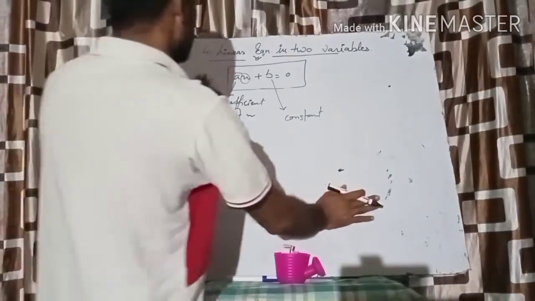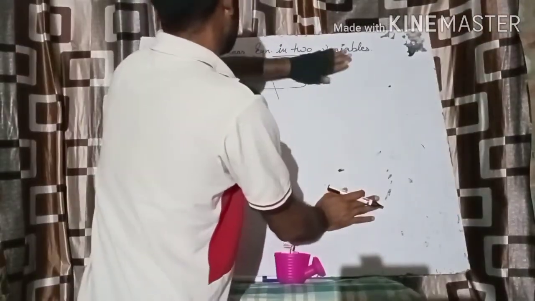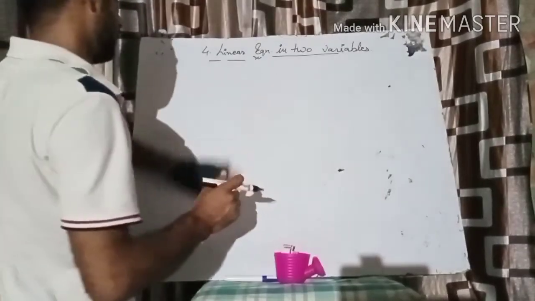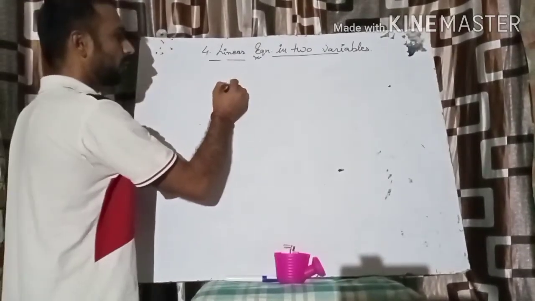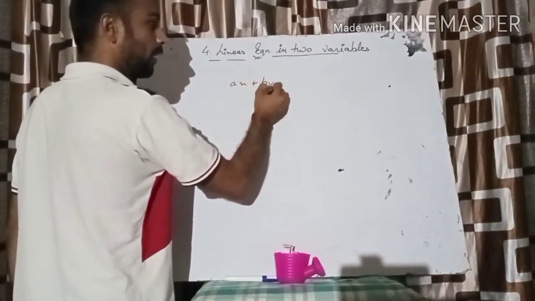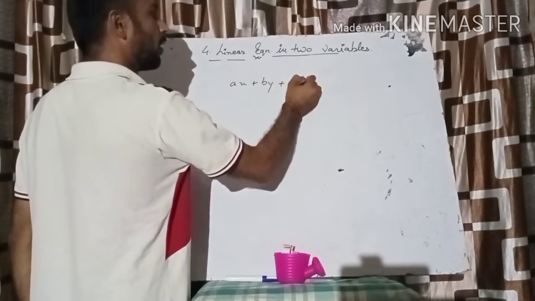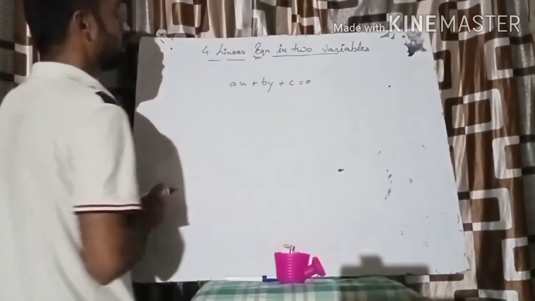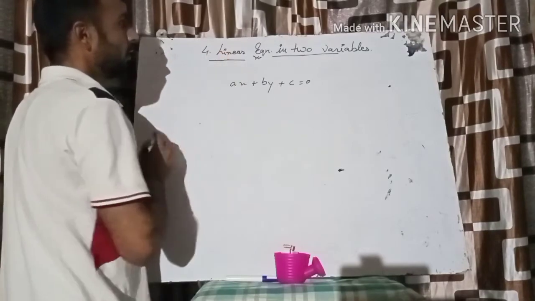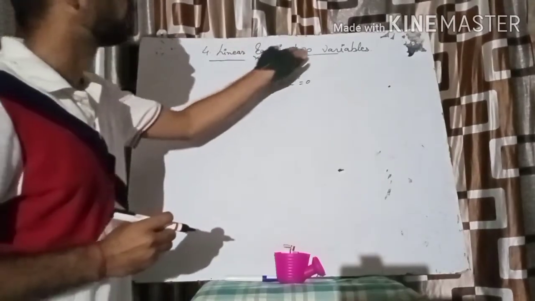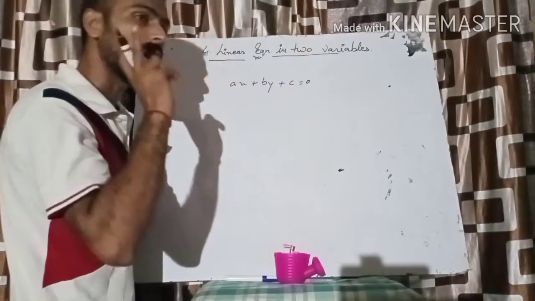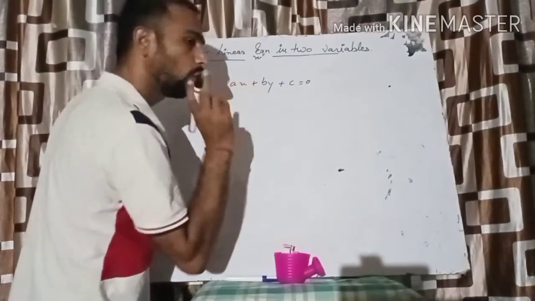Let's see the general form of this linear equation in two variables: ax plus by plus c equal to 0. As you observe, the name of the chapter is two variables, means there must be two variables.